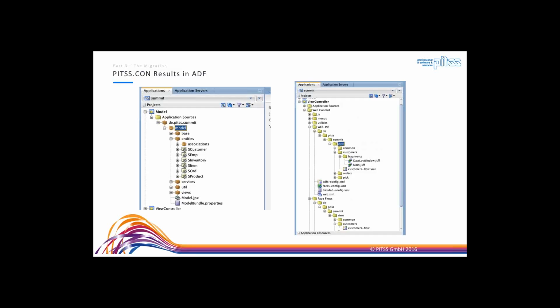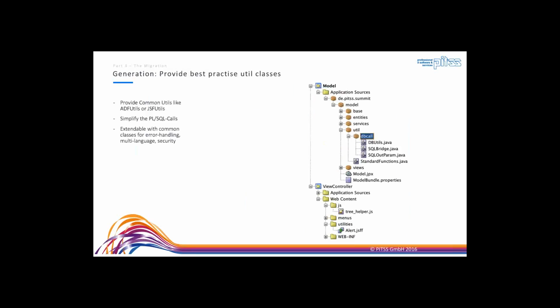What we also do is we generate a couple of custom classes for you and provide them. That is what you do in your second lesson for ADF. If you start with ADF development, you see, oh, I read about an ADF util class, and I see a JSF util class, and I'd like to have some classes to use PL/SQL code inside my ADF.